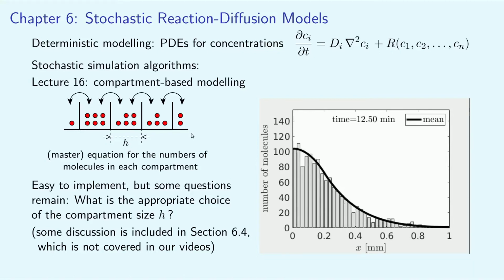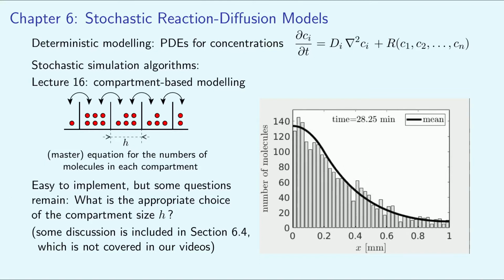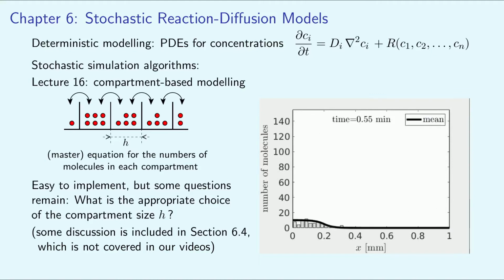Since there are only 18 molecules, there will be at least 32 compartments which are empty, and the remaining compartments will often only contain one molecule. In particular, no second-order reaction will occur until there are at least two molecules in the same compartment.